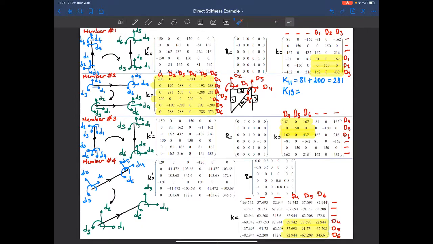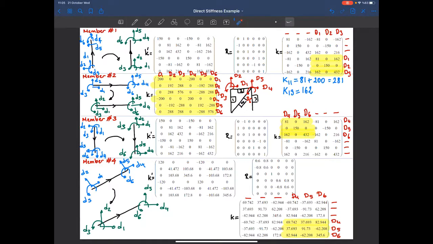So let's take a look at the first member. I'm saying that I want to have a unit translation in D4, and I want to keep D6 equal to 0. How much force do I need? That is 162. Or by just looking at these coefficients, this tells me that this 162 will go to K13.